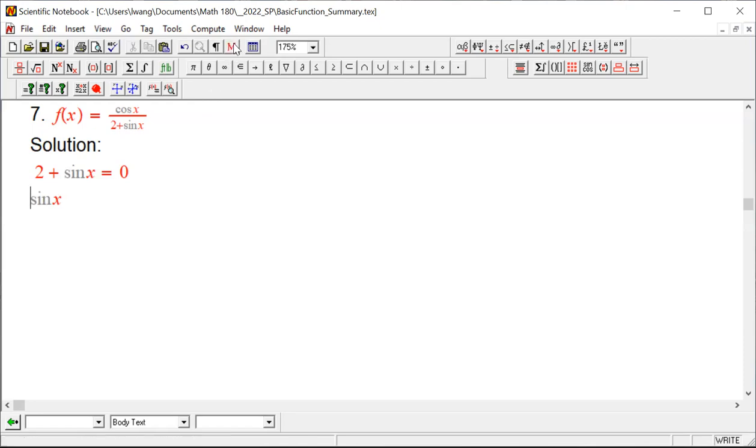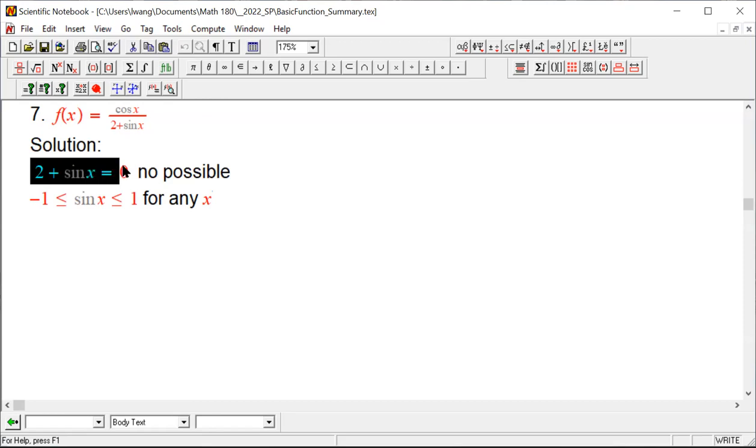Sine x is between -1 and +1 for any real numbers. So this piece is never going to be 0. There's no solution, not possible. So this will never be 0.